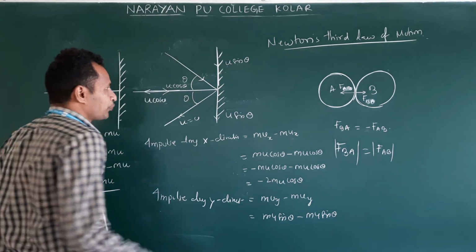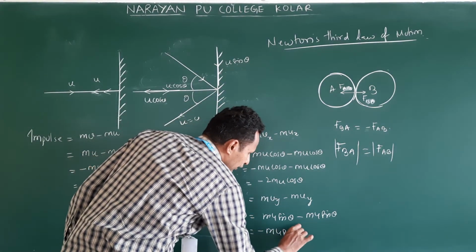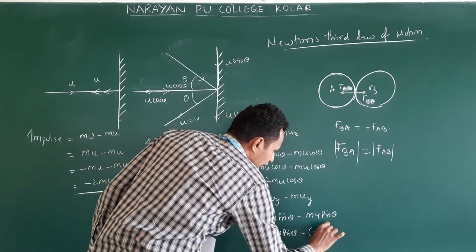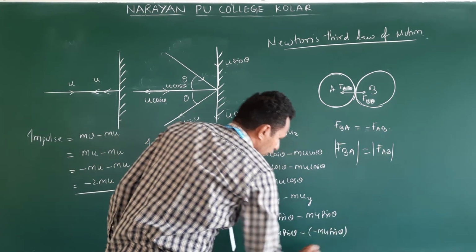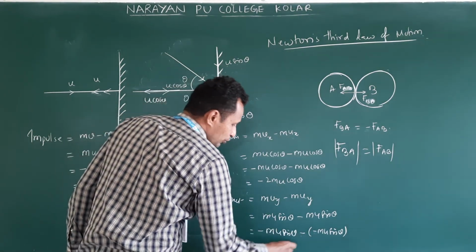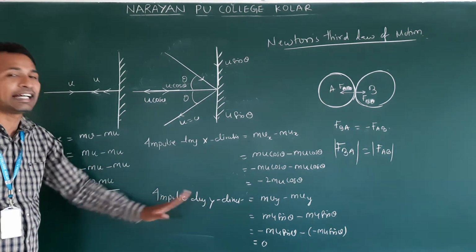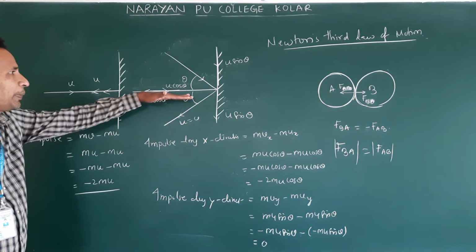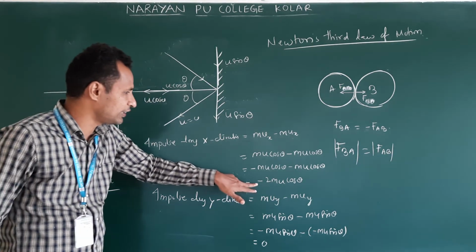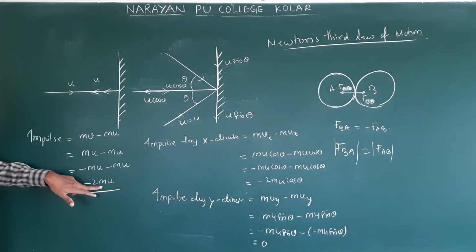Downwards means negative. So this is minus m u sin theta minus of minus m u sin theta. Minus into minus is plus: minus m u sin theta plus m u sin theta. What is that? Answer 0. So there is no impulse along the y direction. There is an impulse along the x direction, that is minus 2 m u cos theta. When it is the straight direction, it is minus 2 m u. Understand? And the first question is over.